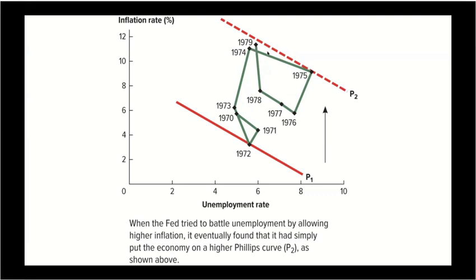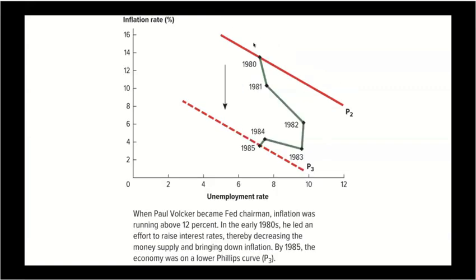But if you notice, in 1972 and 1979, the unemployment rate did not really change as much, only the inflation rate accelerated. Here, when the Fed used a contractionary monetary policy, the inflation rate dropped, so the Phillips curve shifted downward, but unemployment stayed the same from 1980 to 1985.